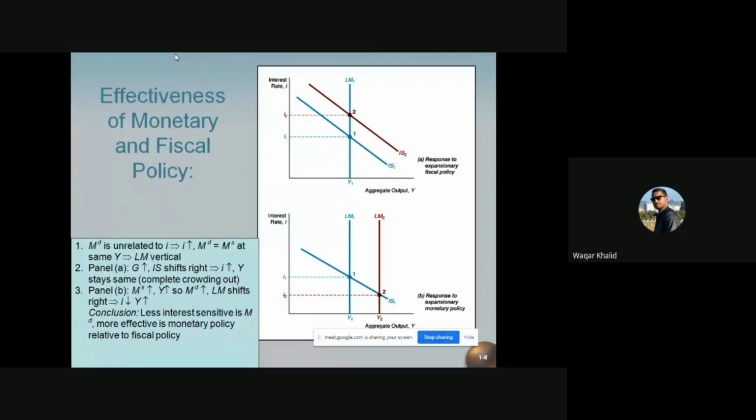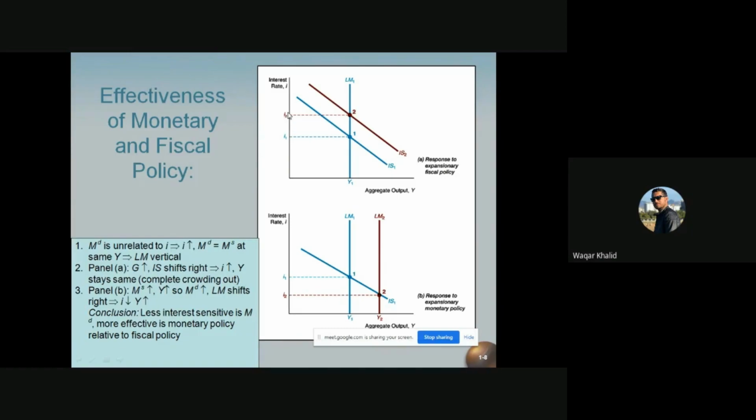On the one side, the federal government has increased the spending, due to which the IS curve has shifted from the original position to a new position, IS2, and now the economy is at point 2, where we have the same aggregate output level and a higher interest rate.